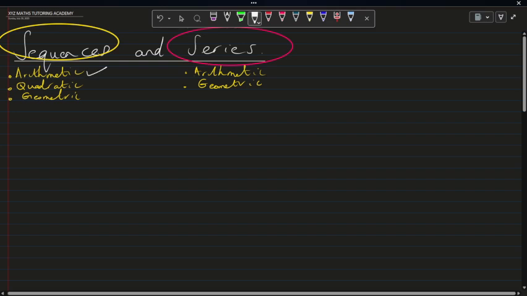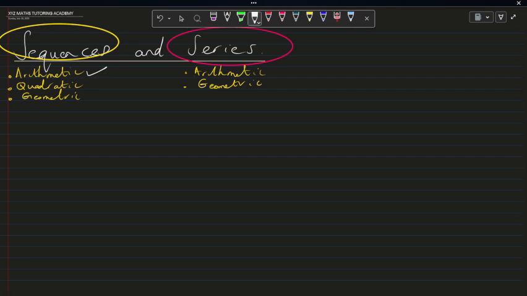We said that an arithmetic sequence is a sequence whereby there's a common first difference. And then we also spoke about quadratic sequences. Quadratic sequences are those sequences whereby there is a second common difference. Okay. And then we spoke about geometric sequences whereby there is a common ratio.